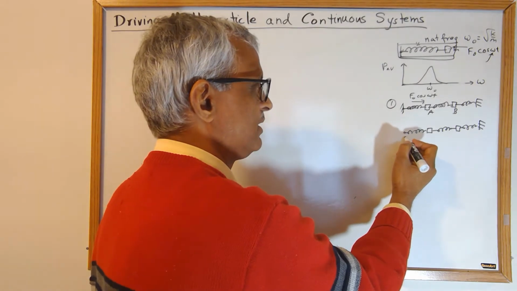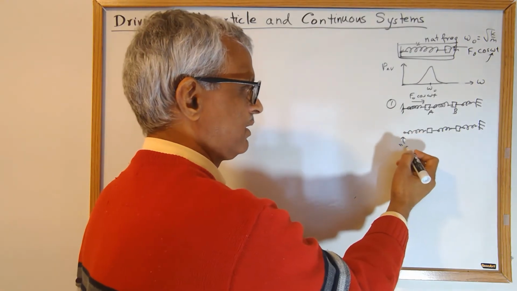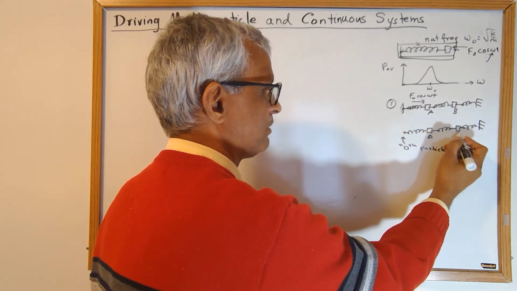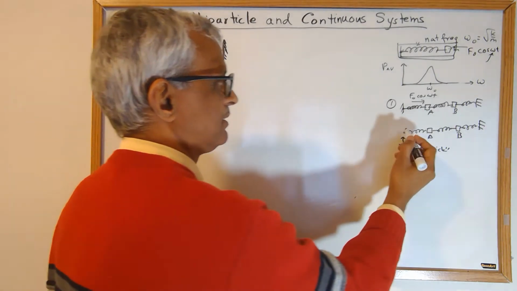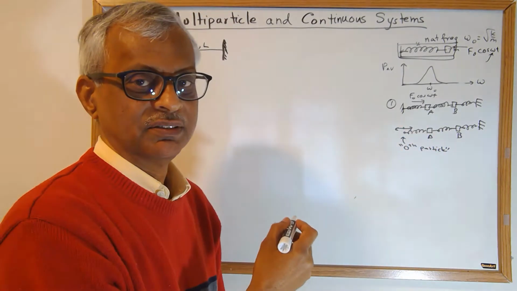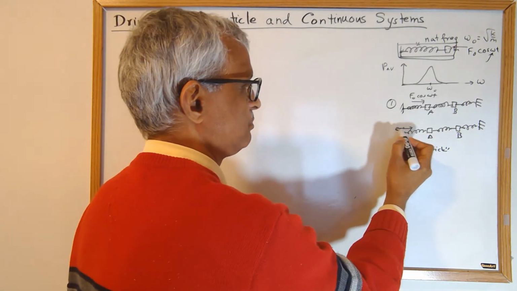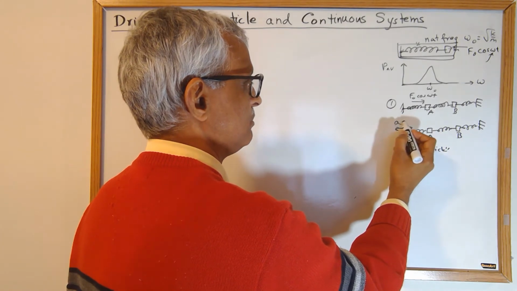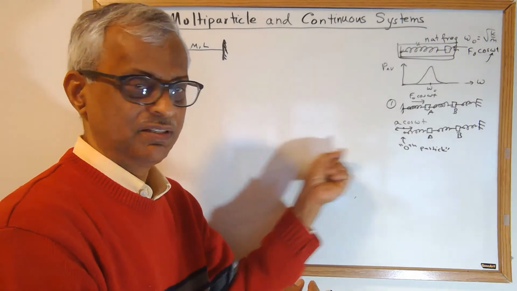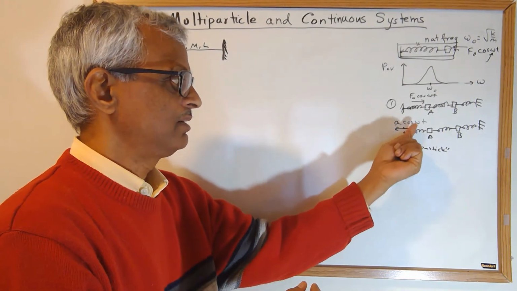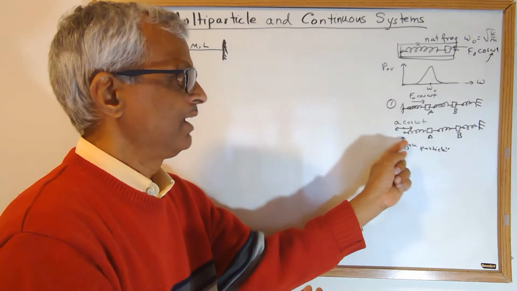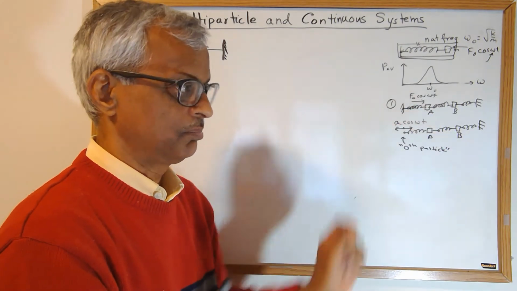This is the so-called zeroth particle, and this is particle A and particle B. I control its displacement, and this displacement is maybe some A cosine omega t. So the driving force is basically moving this back and forth, and that displacement will have to be included in the equation of motion for A, and then because of coupling it will go into B also.